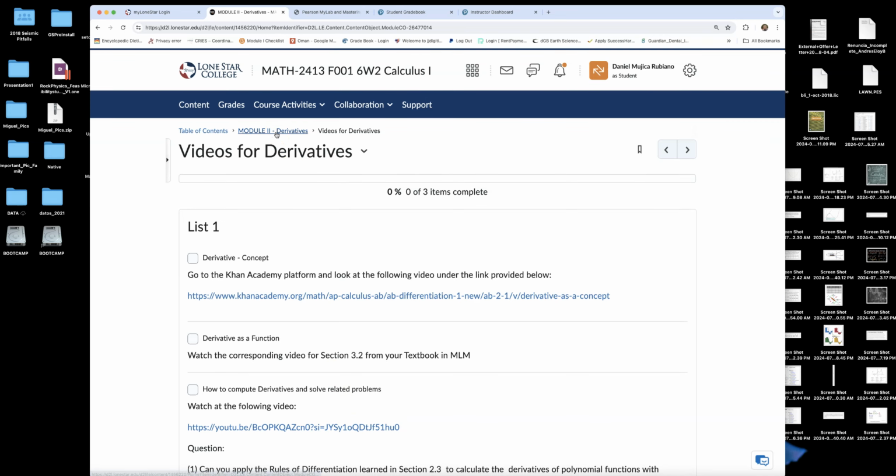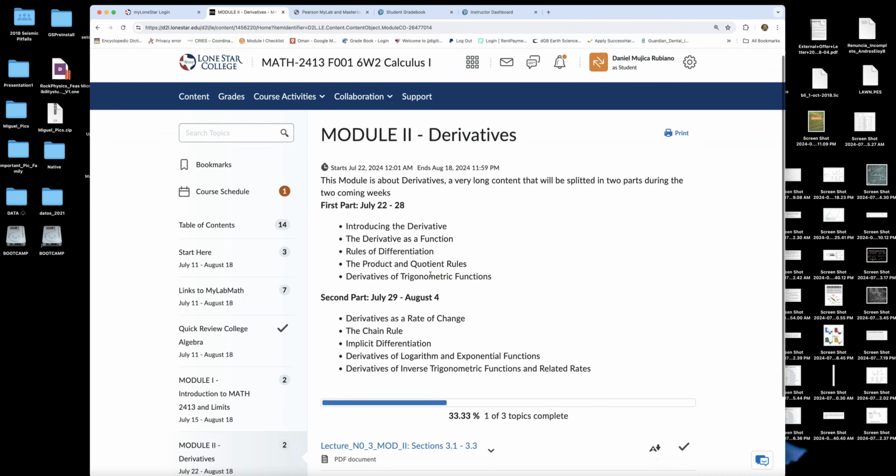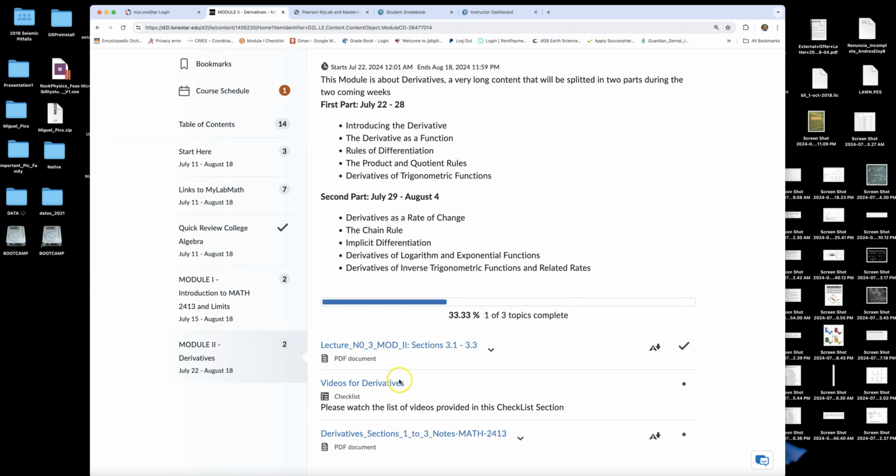So remember, the ideal way to make your review is to follow from top to bottom what I have in the module. I'm normally going to give you an update at the very beginning, which is this recording. Then you're going to have your PDF, that is the lecture.